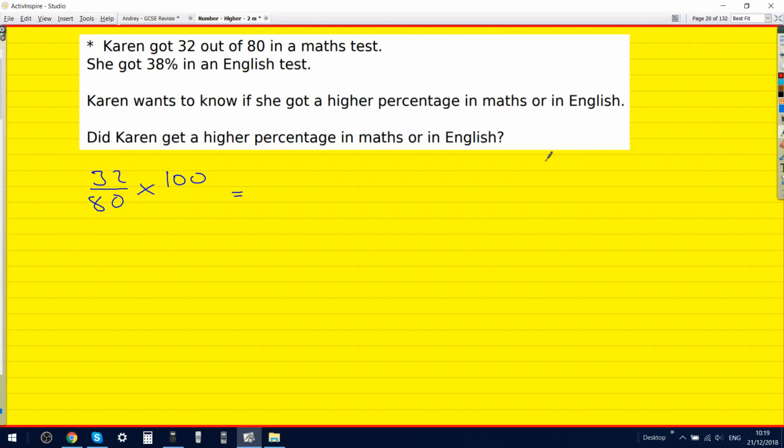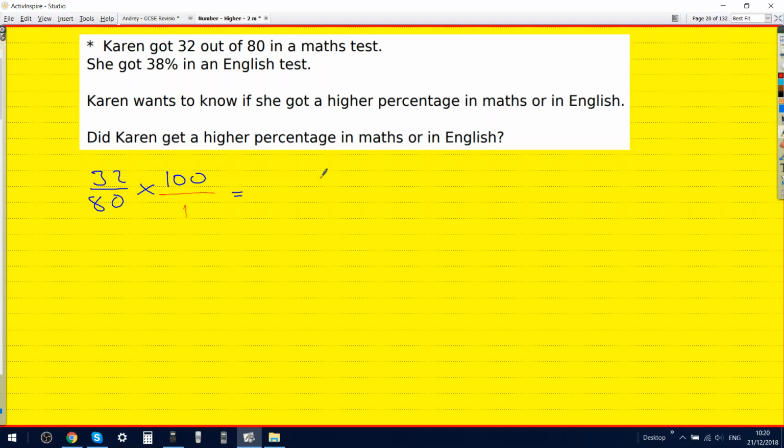So you have to do like 100 over 1. Yeah. So is it like 3,200 over 80? So that's if you multiply it then divide. It might be easier to divide first, multiply second.